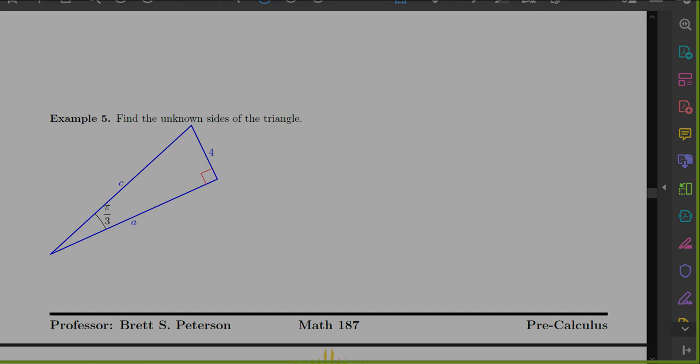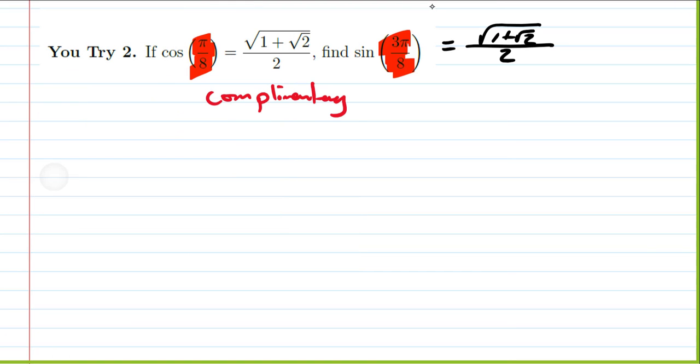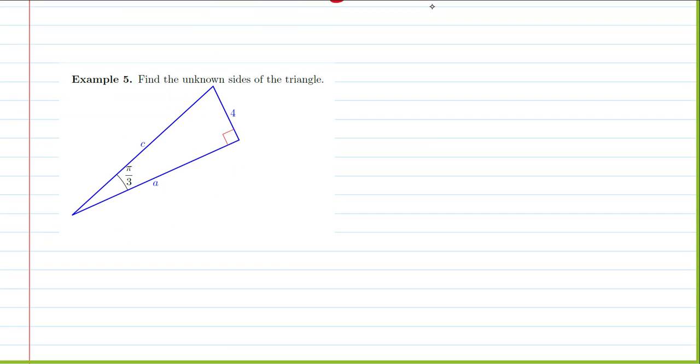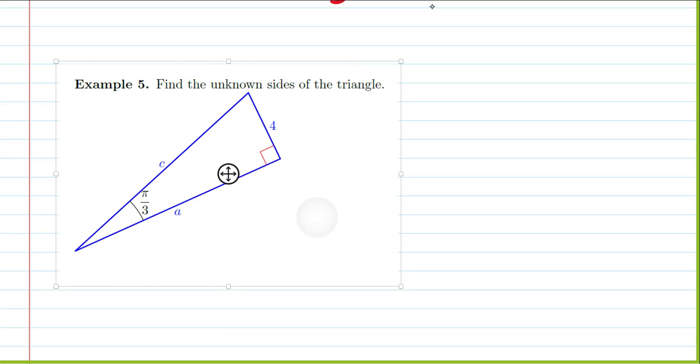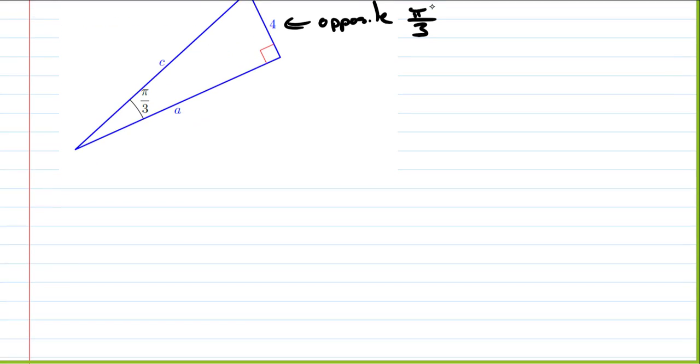All right. If we take a look at example number 5, we have the following. We want to find the unknown sides of this triangle. So we want to know A and C, but all we know is 4, and this is opposite pi over 3. So then, if we wanted to solve for A, we would have, well, 4 is opposite and A is adjacent.